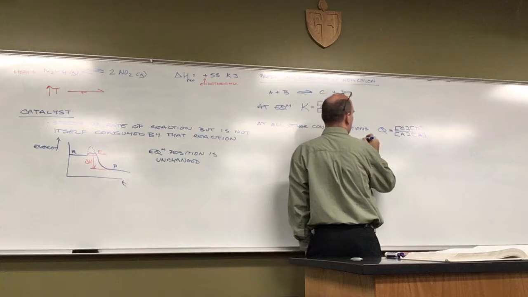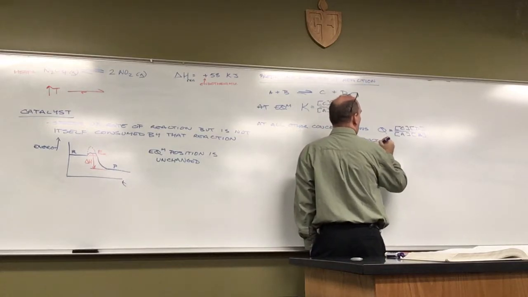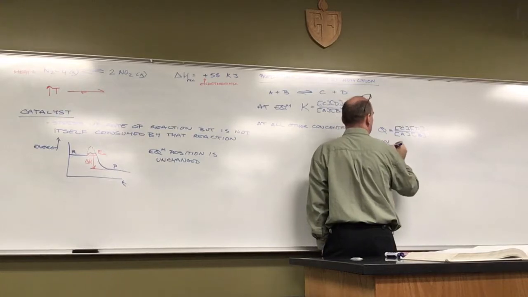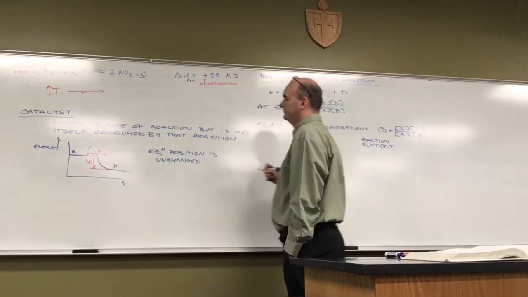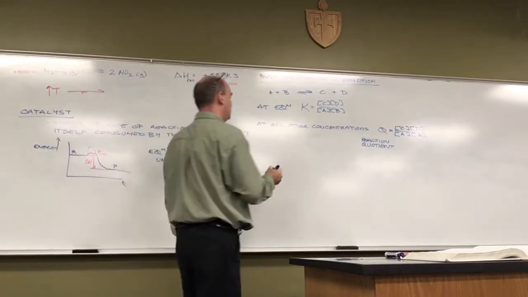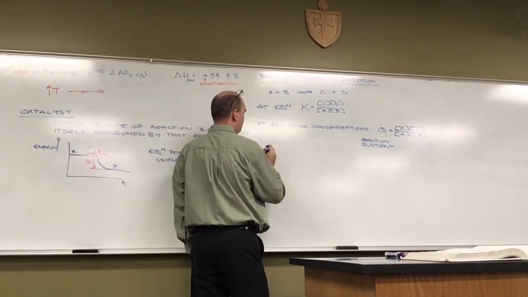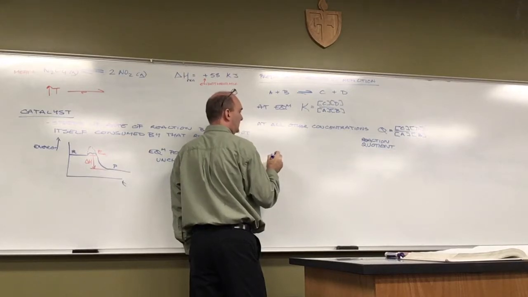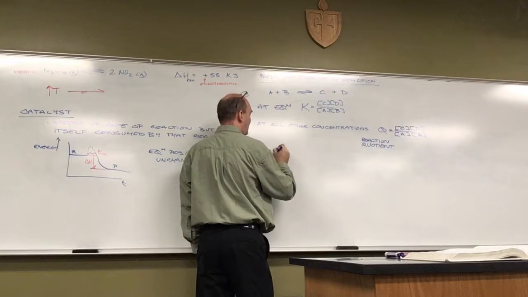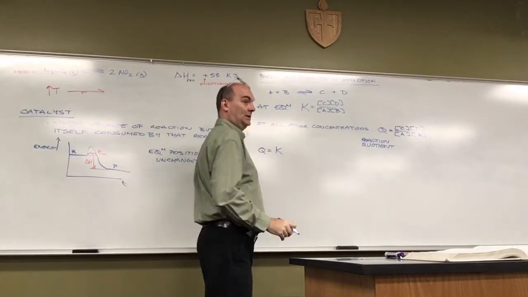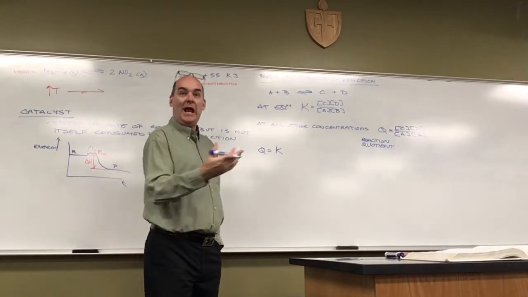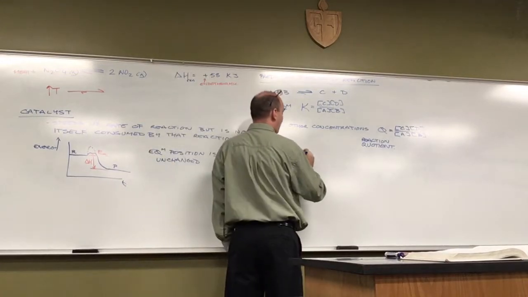This is called the reaction quotient. Okay. All right, we have 3 scenarios. So we're going to calculate values of Q. And when Q is equal to the value of K, then Q is K, and you're at equilibrium.